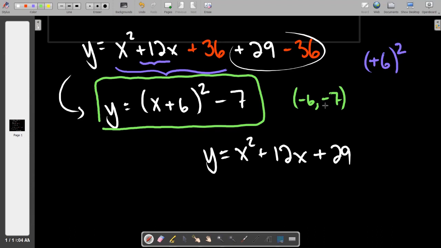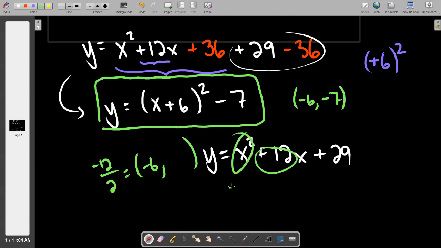But if I was doing it the other way, it would still work. If this is my b, what's negative b over 2a? It's -12 over 2 times 1, which is 2, which is still -6. But look, I still got to plug that -6 back in. What's -6 squared? 36. And what's 12 times -6? -72. What's 36 minus 72?